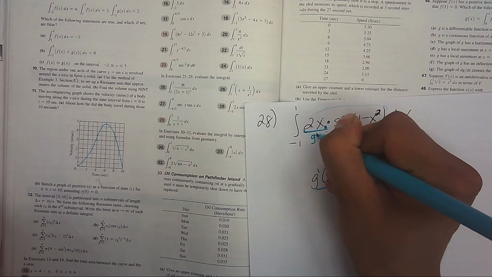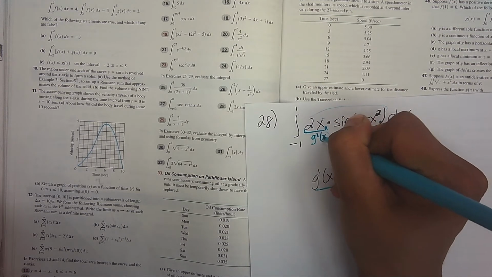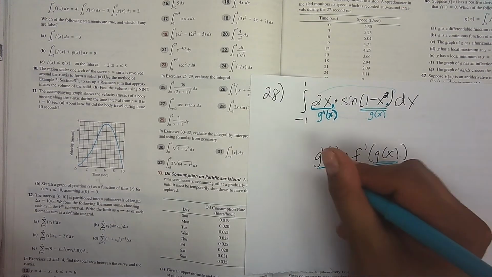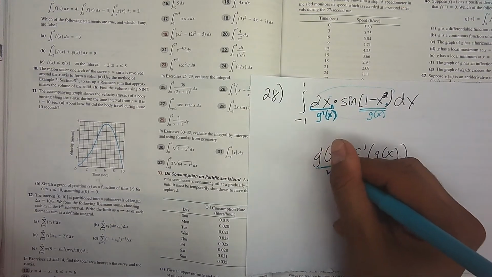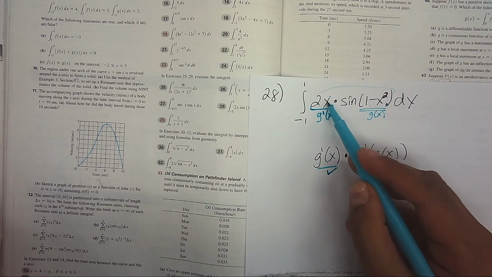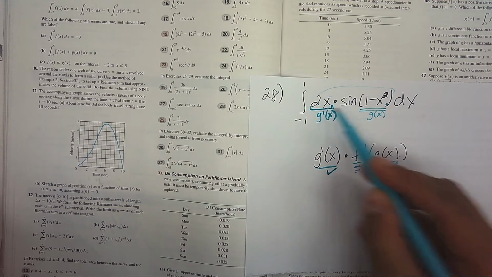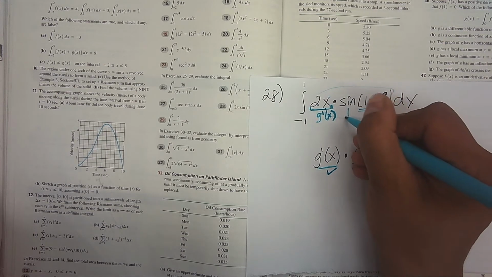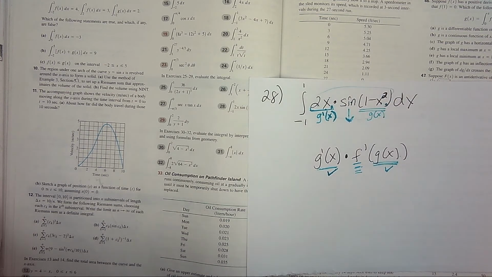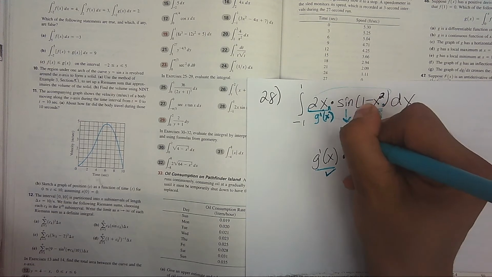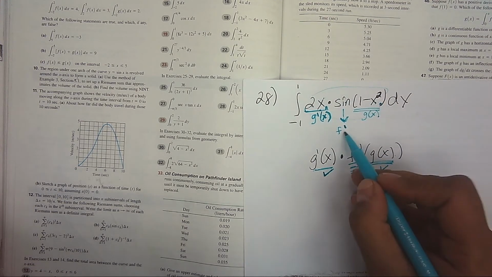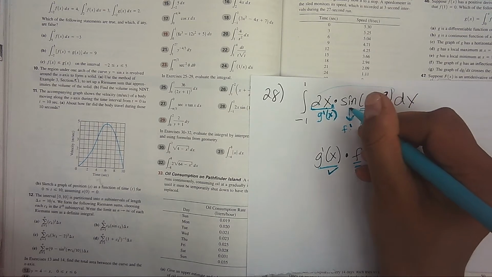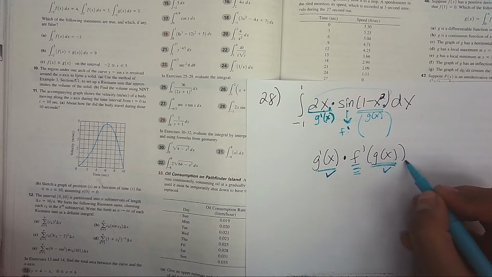I know it's not exactly, but it's okay. The negative is something that doesn't concern us. So this part is addressed and identified. G prime of x is this product right here. This is g of x. Last thing I need you to identify is what that is. And I'm hoping you realize that that right there is f prime. So this is f prime, and again, g of x is sitting inside f prime like it's supposed to in the chain rule.